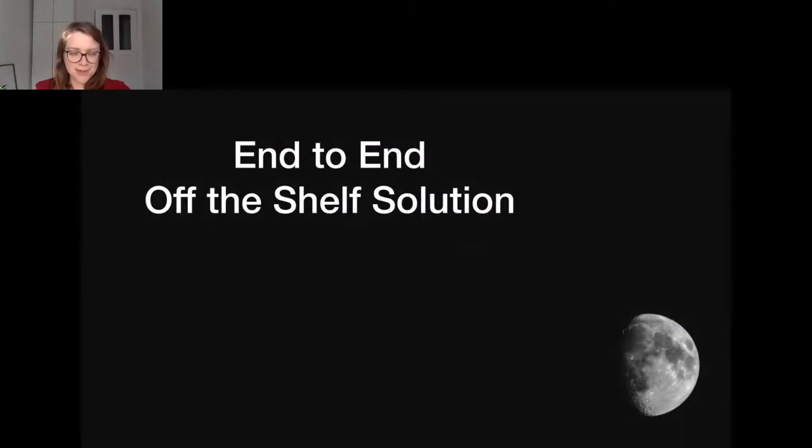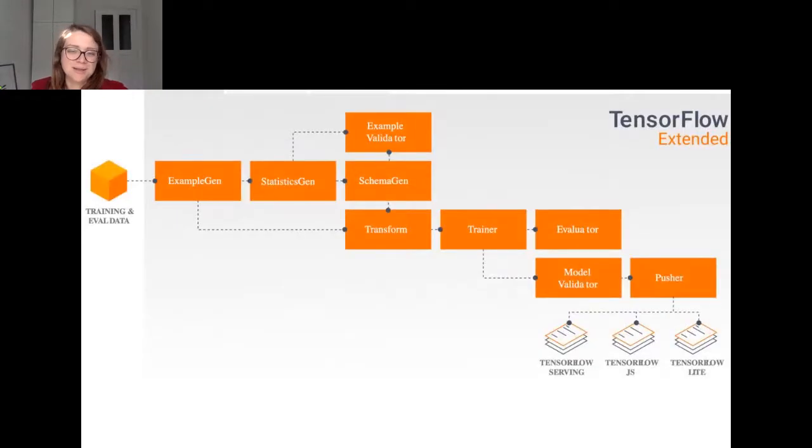There are also end-to-end solutions, which is kind of the opposite of the open source example that I showed, which was only written in Go. This is all TensorFlow, and it has tools for each step of the chain of infrastructure for machine learning, from generating examples to making sure that the statistical distribution of it is good, to validating it, to training it, evaluating, and pushing, and then it ends up in serving.